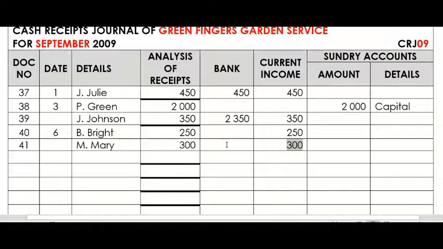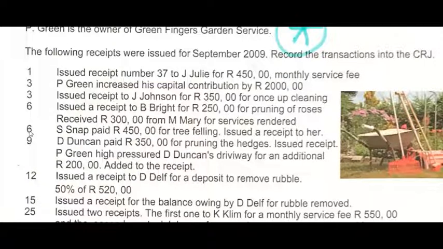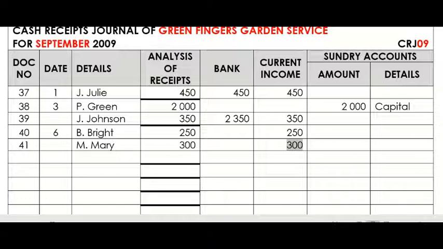We're not banking yet because of that other transaction on the 6th. This last transaction on the 6th said S. Snap paid 450 Rand for tree felling, which is just cutting of trees, and we issued a receipt to her. This is the last transaction on the day. So she will get receipt number 42. We don't write a 6 because we're still on the same day.